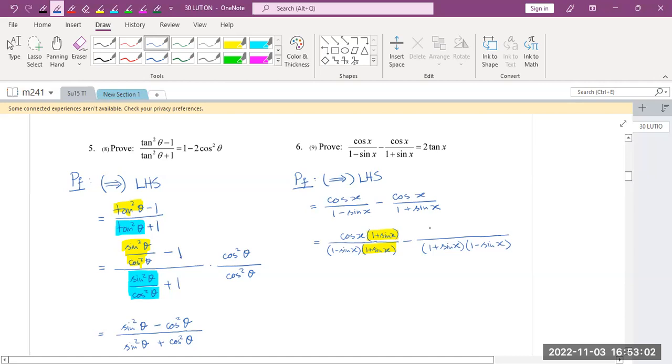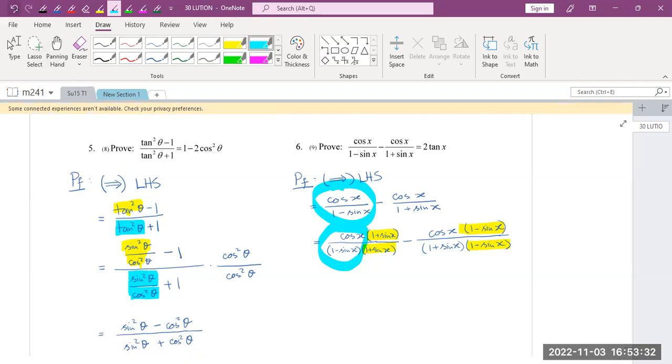Likewise, on the second fraction, I originally have cosine x on the numerator, but on the denominator I multiply by this to have the LCD. So I need to multiply the top by the same thing, 1 minus sine x. We have an equivalent fraction if we multiply the whole fraction by the same expression on the top and the bottom.